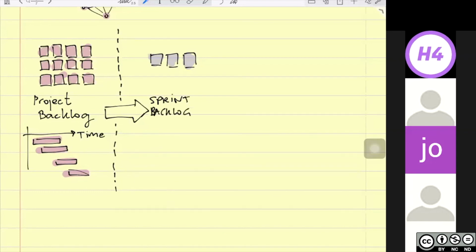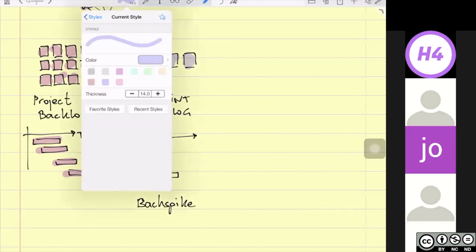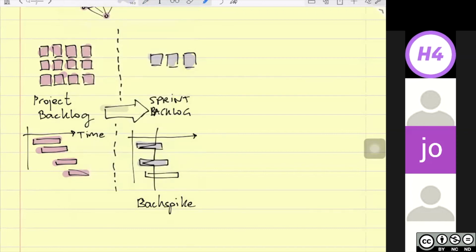In our previous thinking, are those activities that have a delay, okay, that need to be done next, where we have what we called a back spike. You remember from previous lectures.